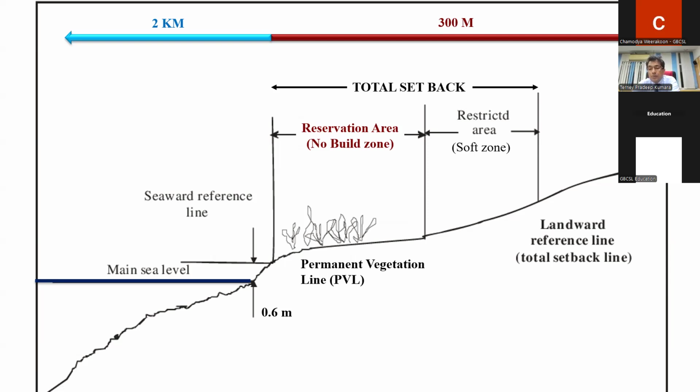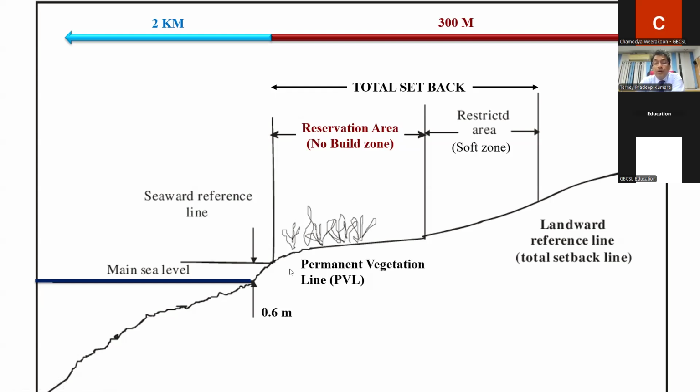Because when you plan something, you have to leave those areas, and plan everything starting from that reservation area, right? The reservation area is a no build zone, but you can plant some trees and do some vegetation. You are not supposed to build anything. But in the restricted area, yes, you can, with some conditions, right?